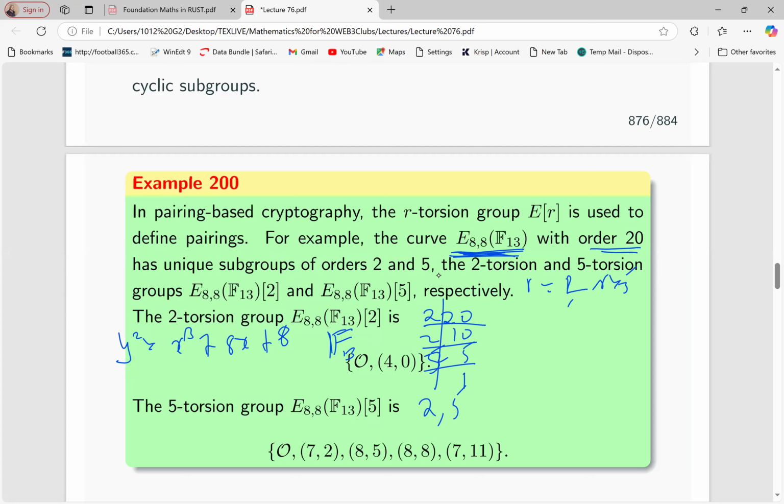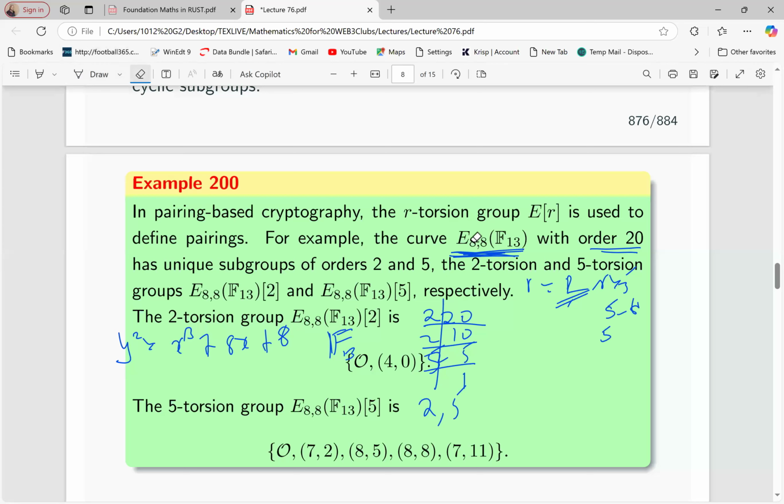So R equals 2 can give us a 2 torsion subgroup, which will have 2 elements. And R equals 5 will give us a 5 torsion subgroup, which will have 5 elements.